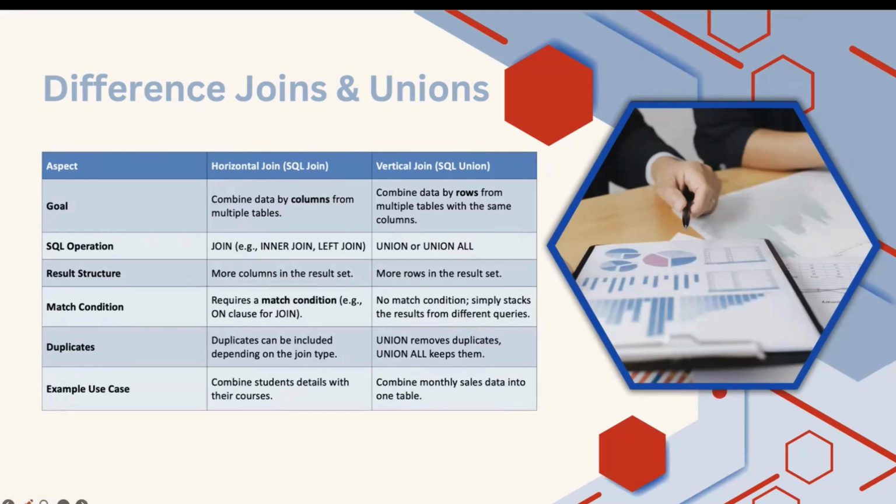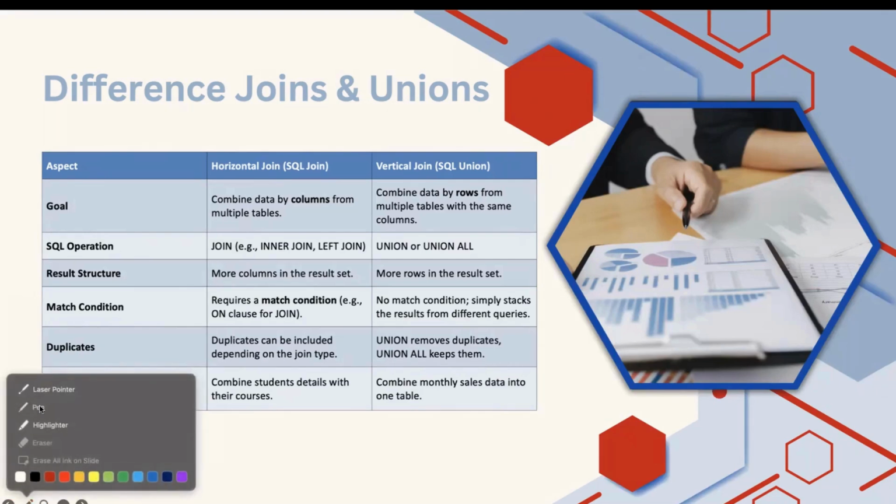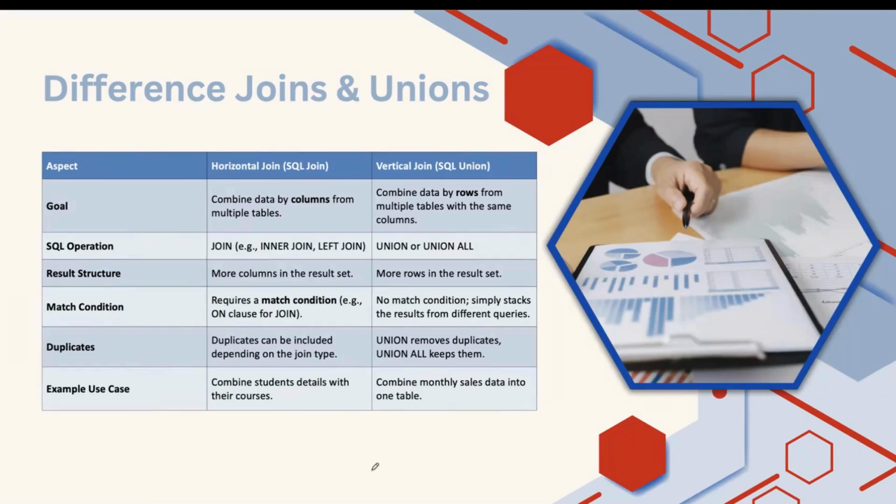So I just want to explain to you. For example, this is my one table which has rows, and there is another table which also has rows. Okay, let me try again.